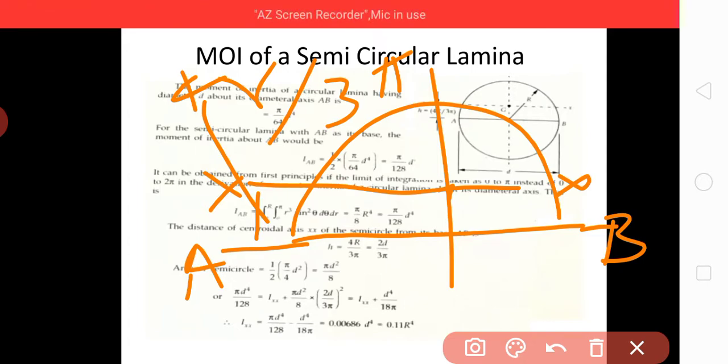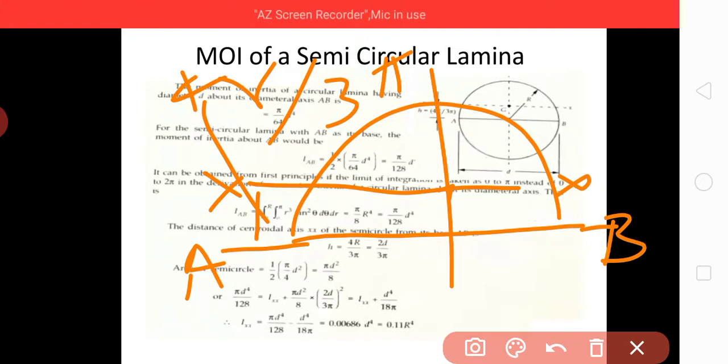So here we can apply the parallel axis theorem to find the relation, or we can go with first principles and apply the limits from 0 to r and 0 to pi.